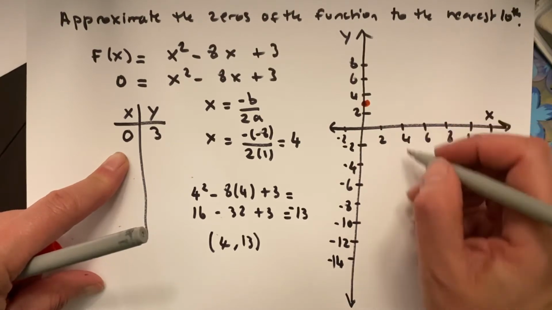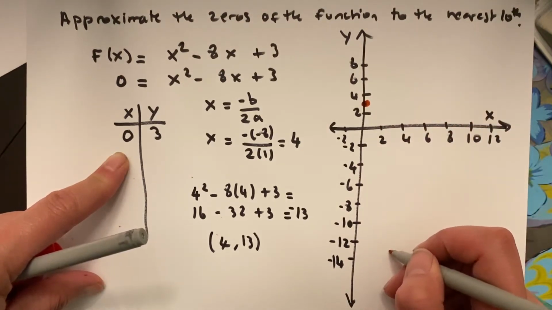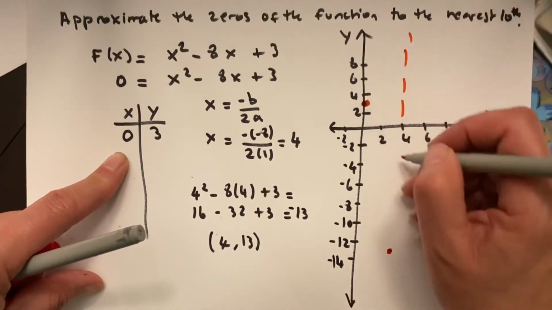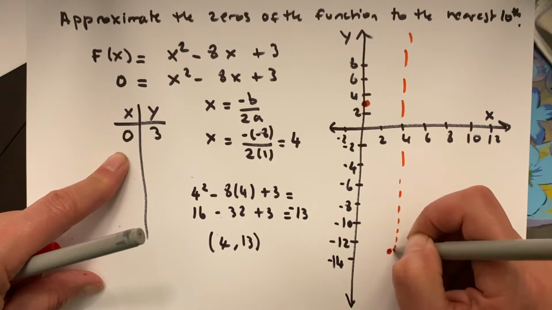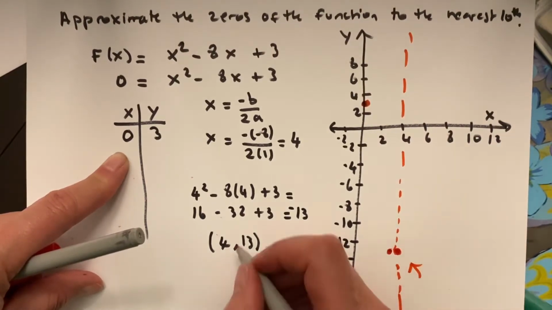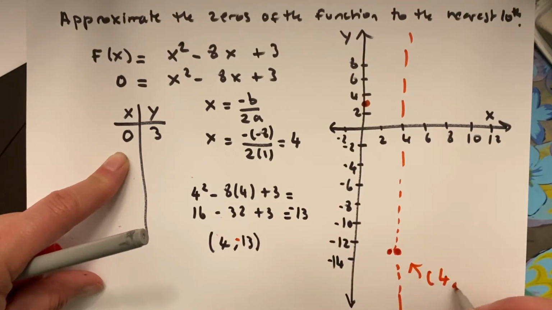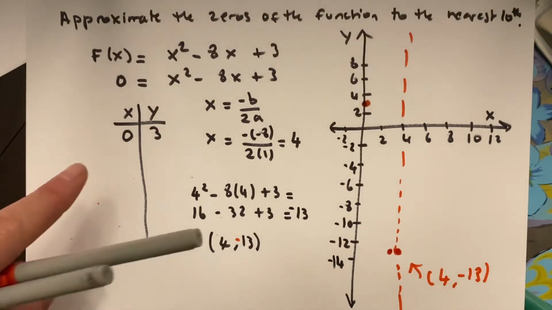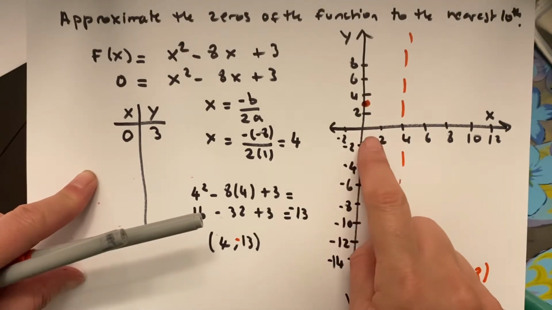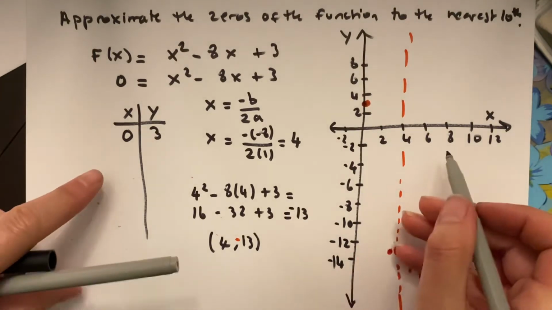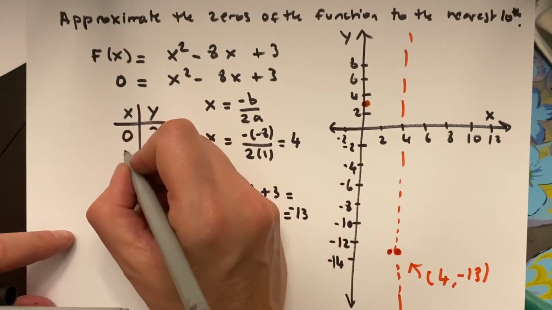My axis of symmetry is going to be way down here. Sorry, my vertex is way down here. My axis of symmetry is x equals 4. And my vertex is around here, at negative 13. And I need to find a couple of extra points. If this is 0, 3, and it's 4 away, then I know the other one is going to be in the other direction. So let me see what it looks like if it's an 8.